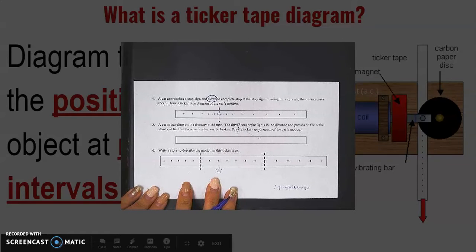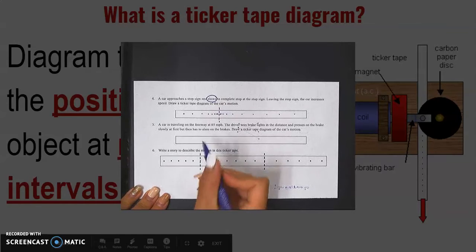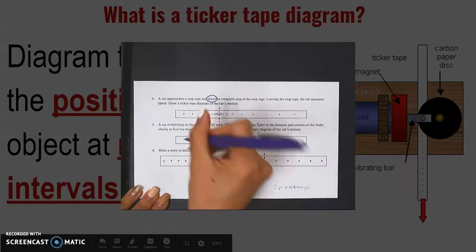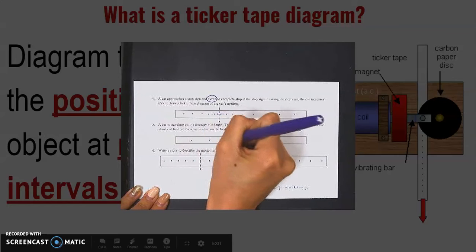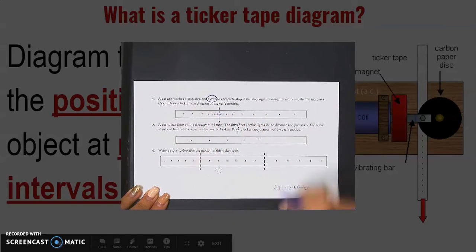The driver sees brake lights in the distance and presses on the brakes slowly at first, but then has to slam on the brakes. So it starts off at a constant speed of 65 miles per hour. So I'm just going to draw dots pretty far apart. So that's 65 miles per hour. And then the driver sees brake lights in the distance and slowly presses on the brakes.